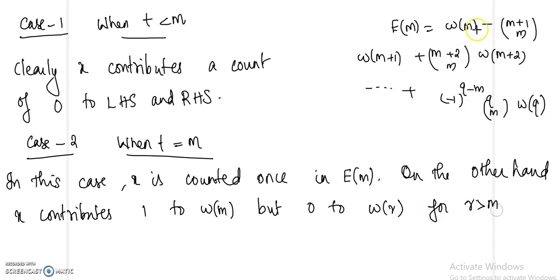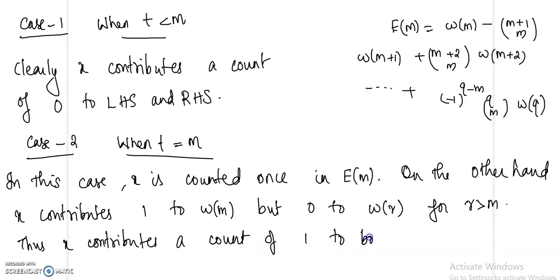So omega of m will count one time, and for all omega of r where r is greater than m, that is omega m plus 1, omega m plus 2 and omega q, x will be counted 0 times. Thus x contributes a count of 1 to both sides.